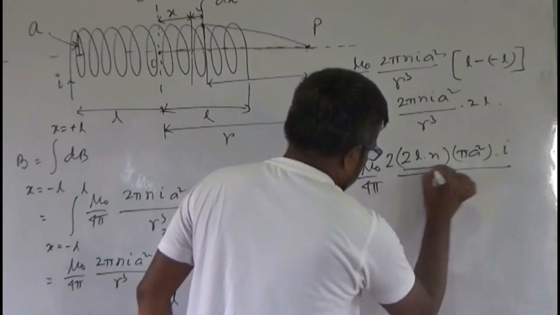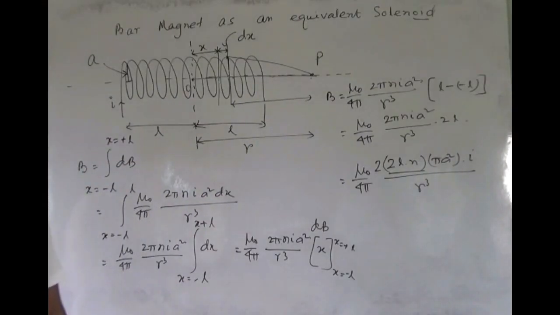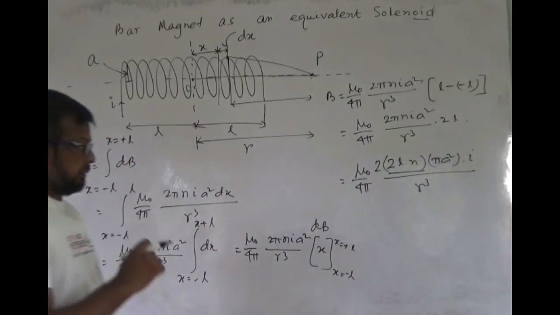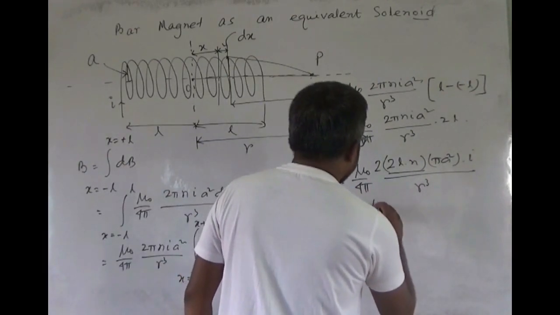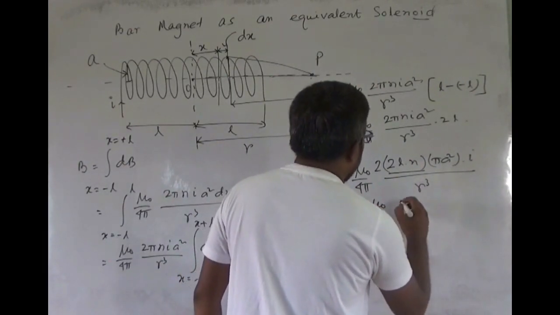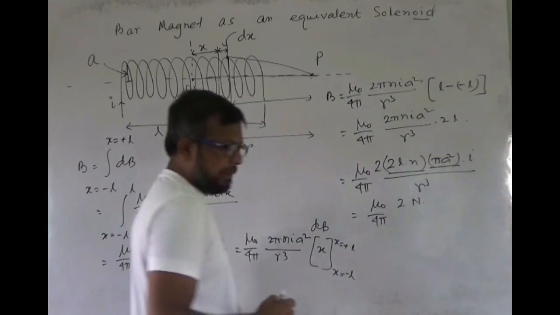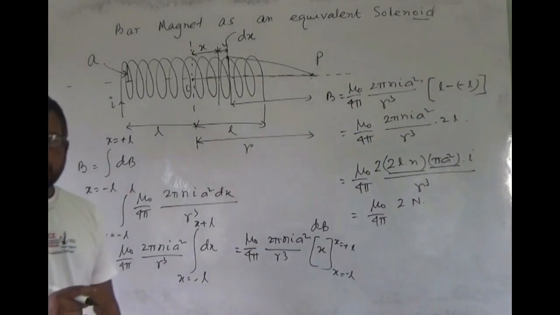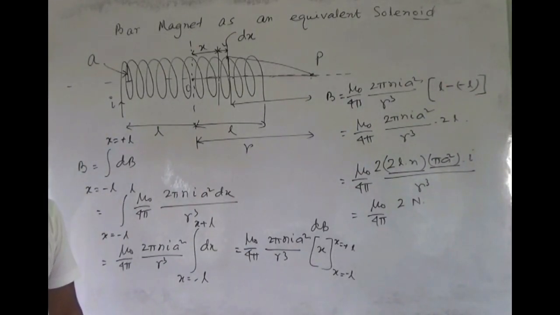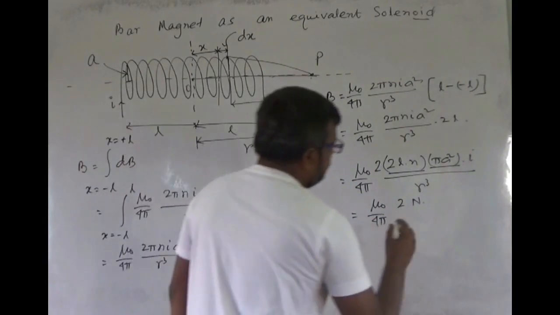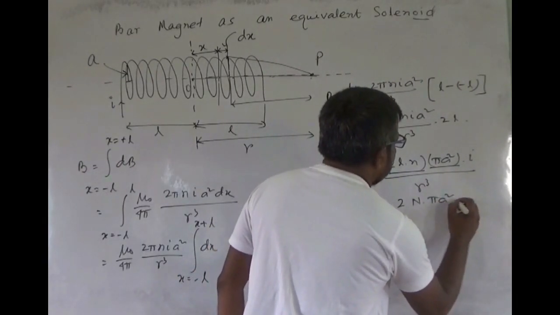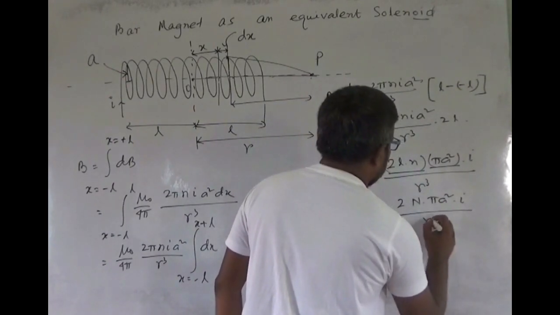Now what is this? 2L into n is the total number of turns. Therefore we may write this as mu naught by 4 pi 2 capital N, pi a square is the area of a single coil, divided by r cube.